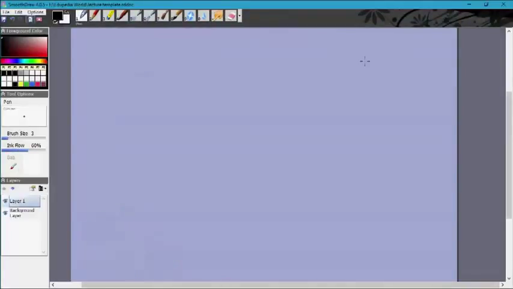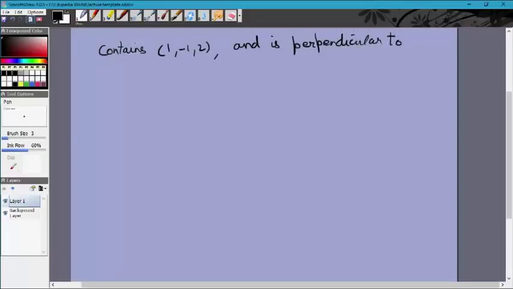Okay, so first let's start with a question about planes, which I'd like to solve two different ways to show you one rigorous way and one quicker way. So the question is, find the equation of a plane that contains the point (1, -1, 2) and is perpendicular to two given planes.